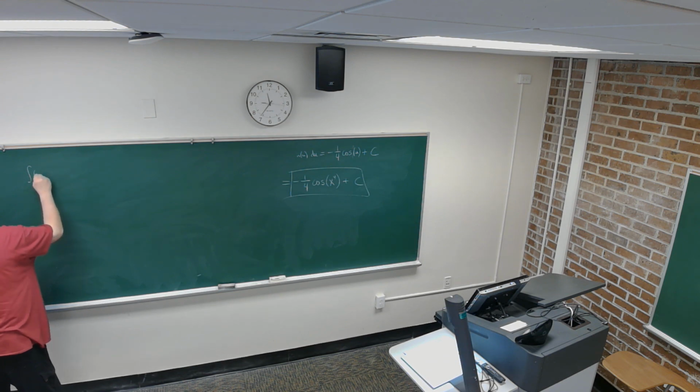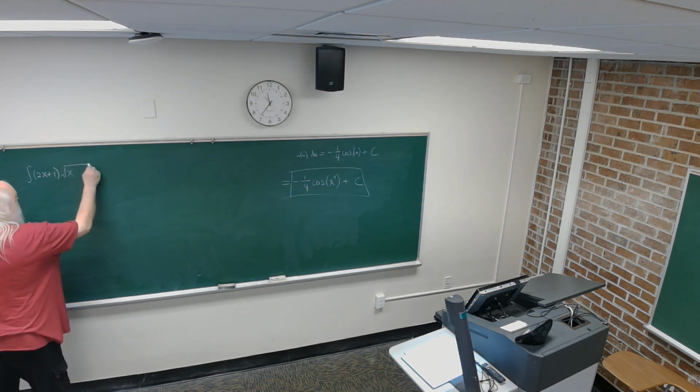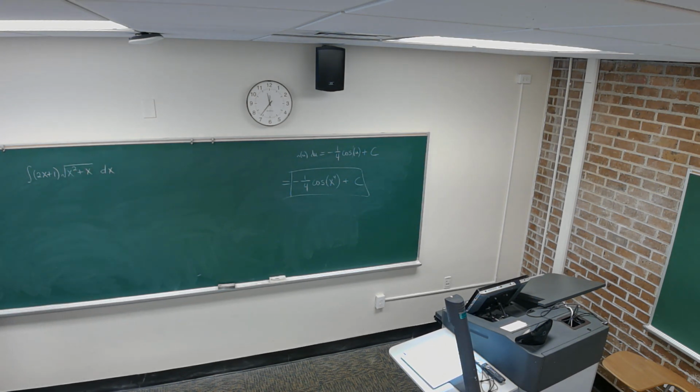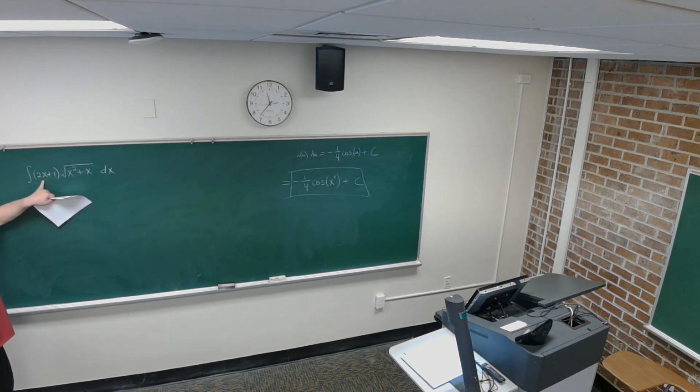So we have 2x plus 1 times the square root of x squared plus x with respect to x. So you can see that the function x squared plus x is inside the square root function. And the derivative of x squared plus x is 2x plus 1.